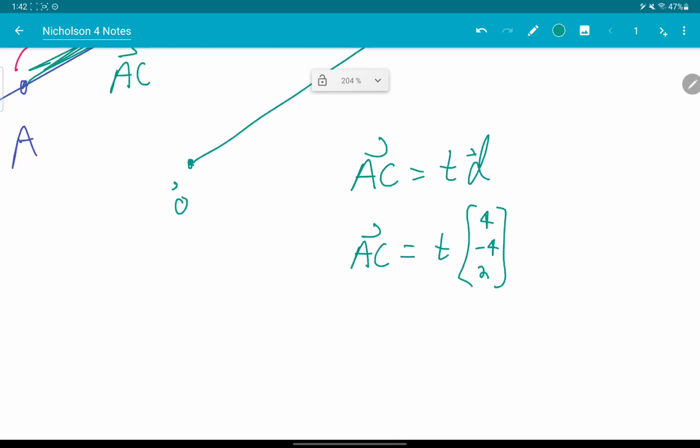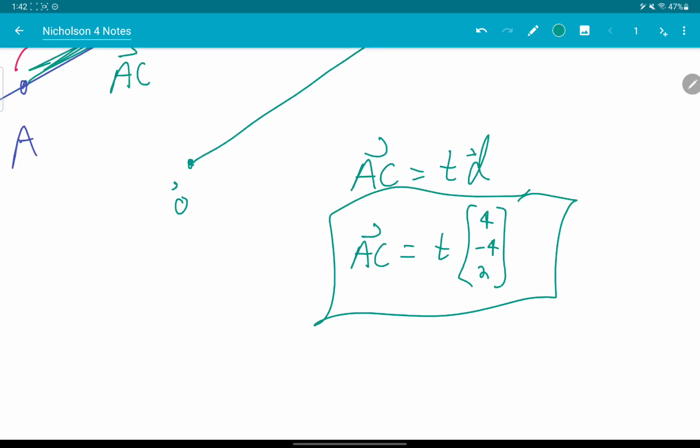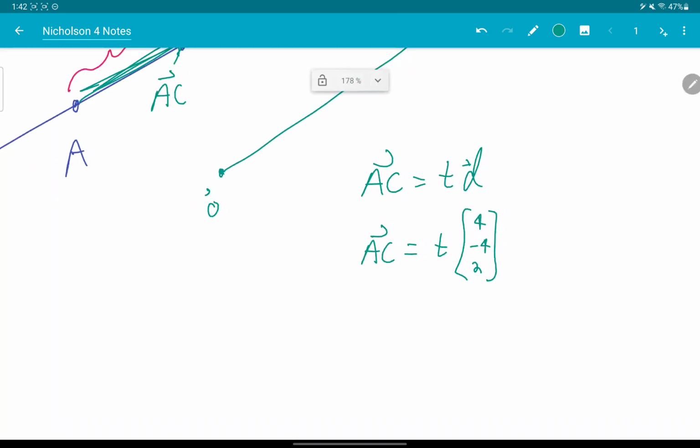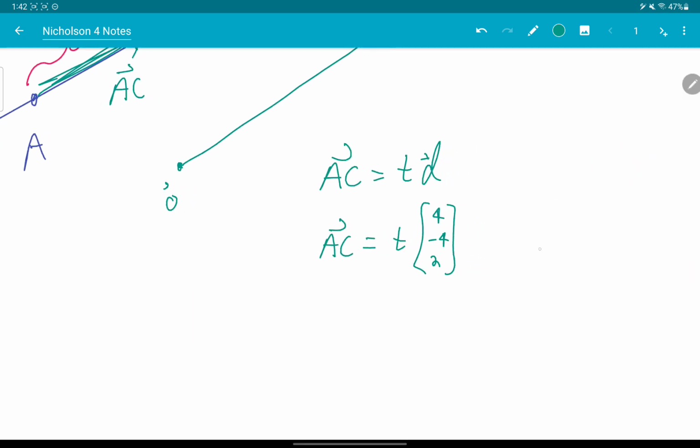Now I'm trying to find the point C. I can solve for it in this equation here. Kind of. Oh, I got two variables. I need to find C, and I also have a variable t. So I have to use my other piece of information, which is that the distance between A and C is going to be 3.